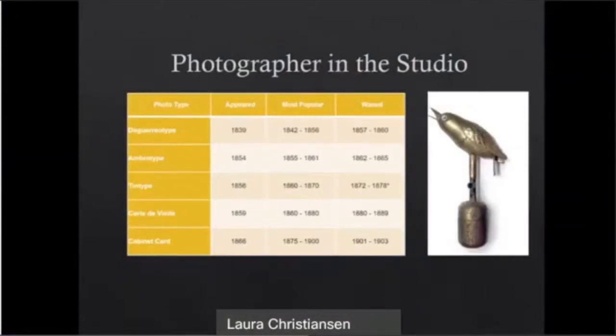Daguerrean studios, photographer studios in the 19th century, which this is going to take us through to the very, very early 20th century, all of these studios were built and designed so that the photographer could control the light in the room. And they became experts at having skylights that face just the right direction to capture just the right strength of sunlight, to manipulating that light to create really wonderful images.